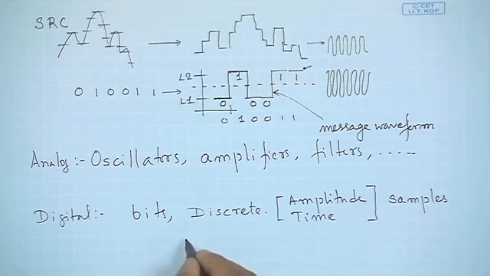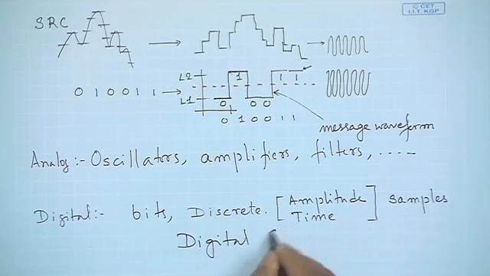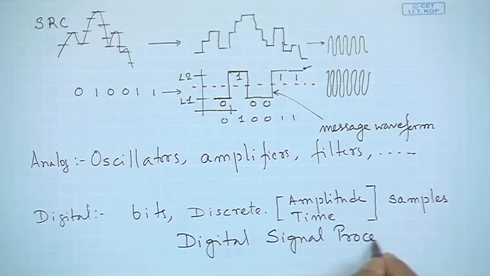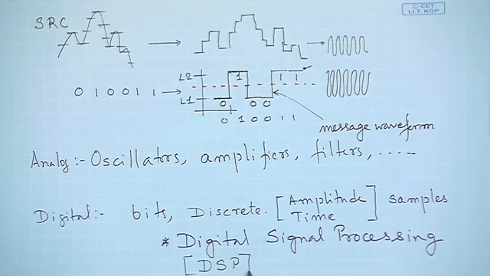And the other thing that comes to our mind is digital signal processing. So, as we said last time, this harnesses the power of digital signal processor. So, this kind of summarizes in some sense that when we talk of analog or when we talk of digital, what are the different pictures that come into our mind.